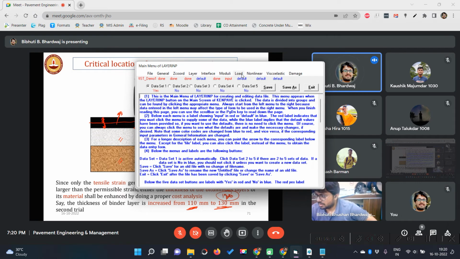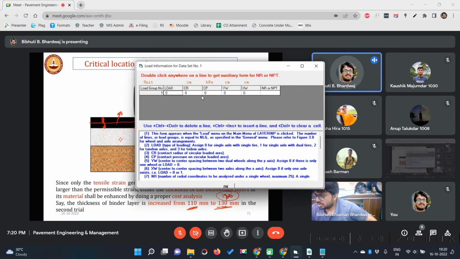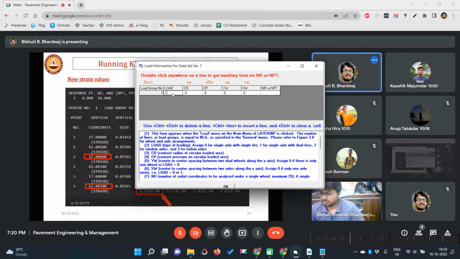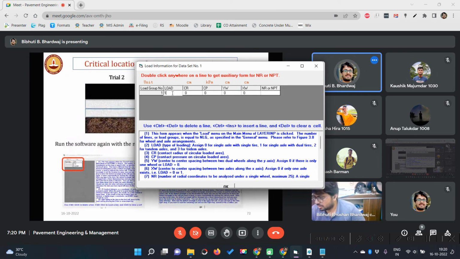Then will the load change here? No, right? No, sir. Nothing. Load will be 1. Contact address 10.66. Contact person 560. YW0. Sorry, 32. Right? XW0. 3.